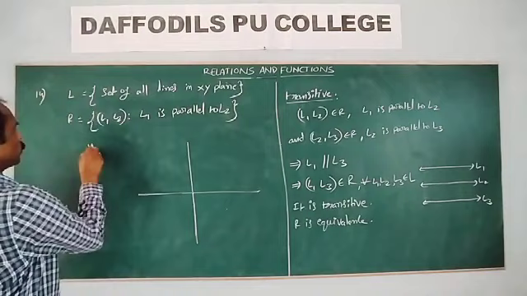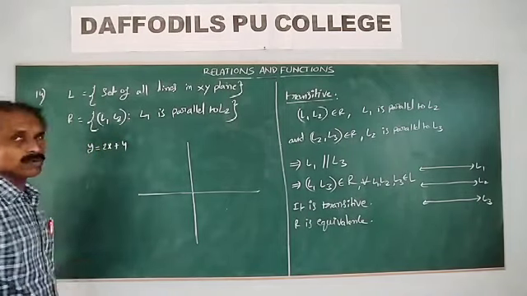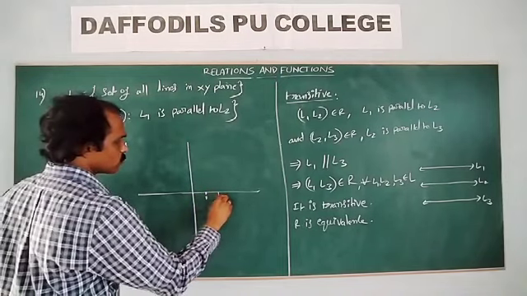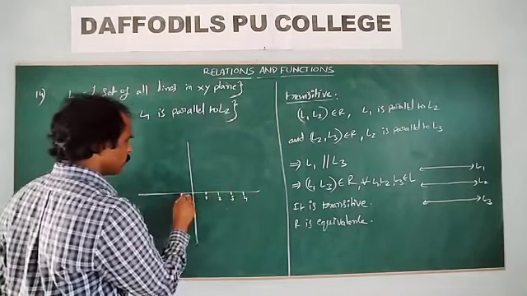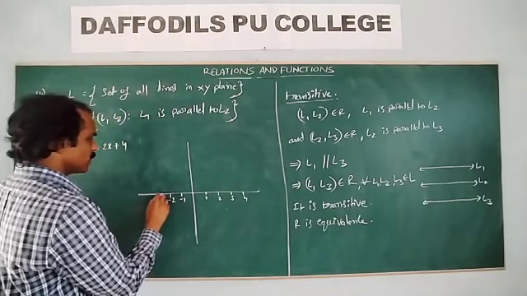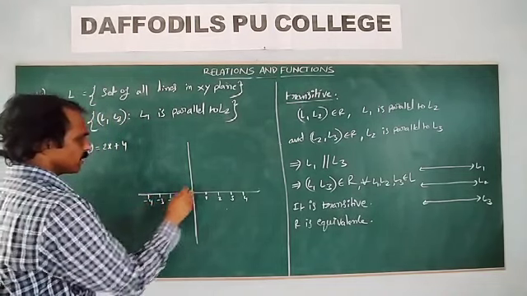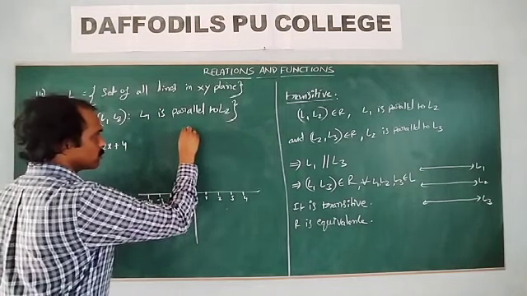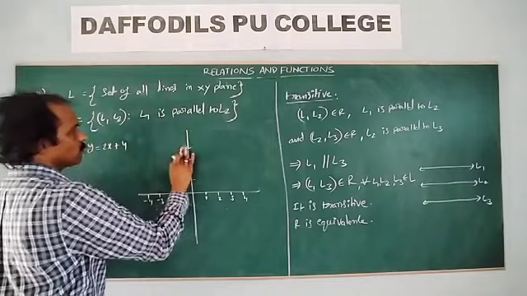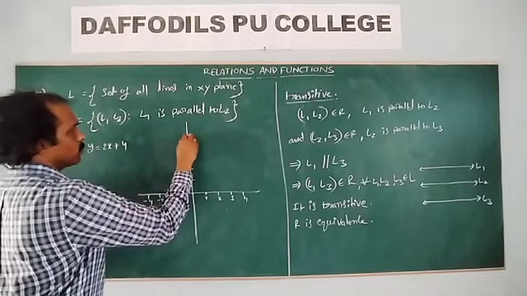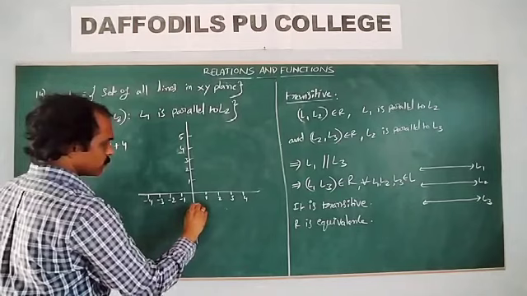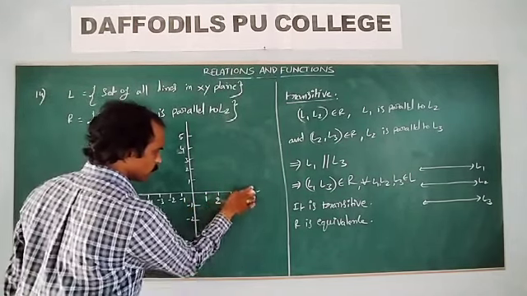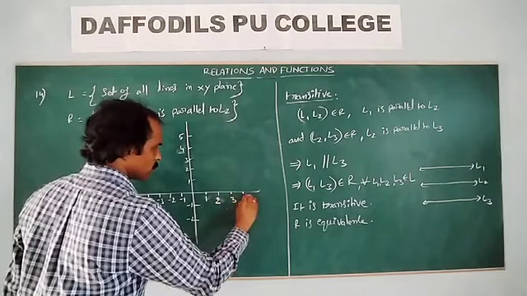Suppose y is equal to 2x plus 4. Put x is equal to 1, 2, 3, 4, minus 1, minus 2, minus 3, minus 4.